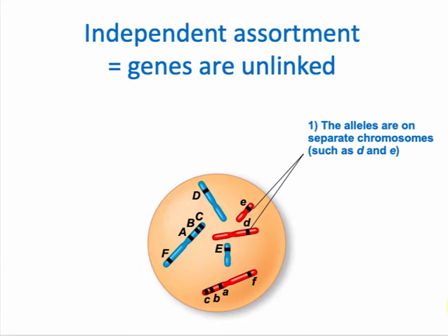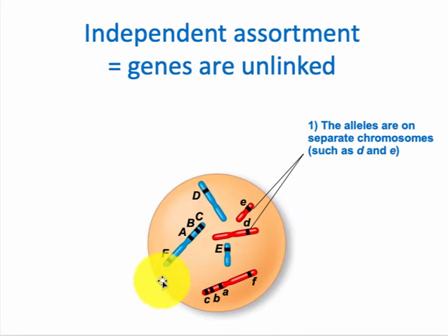And we are assuming that these 2 genes, the gene for body color and the gene for wing structure, are assorted independently. And there are 2 ways in which genes assort independently. It could be that the genes are located on different chromosomes, like for example this E and D gene. The E gene is located on this small chromosome.